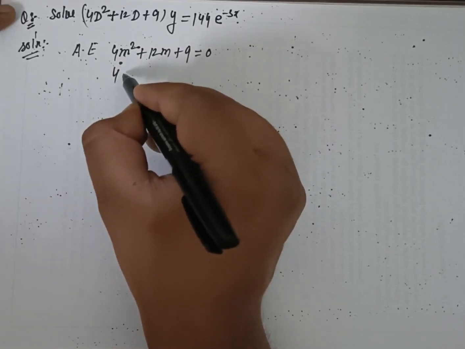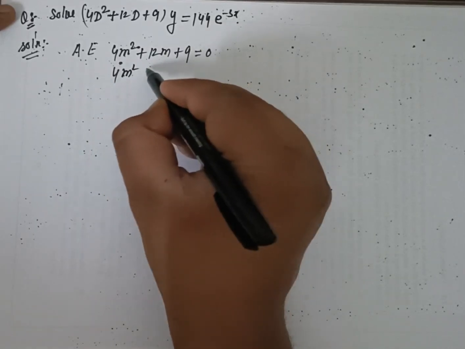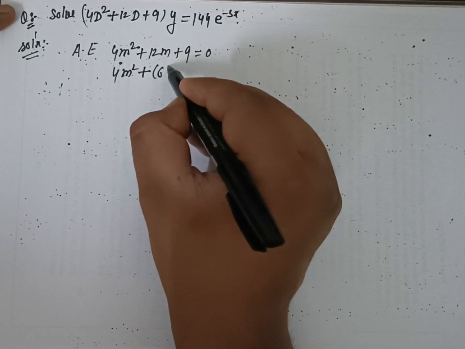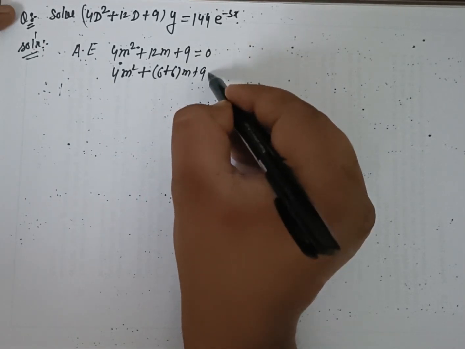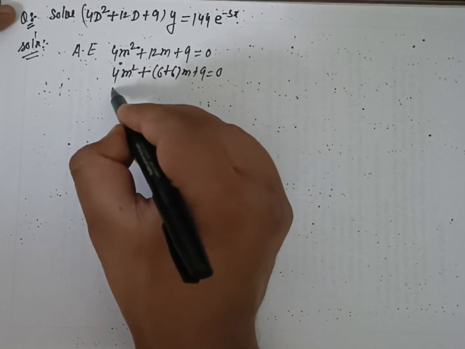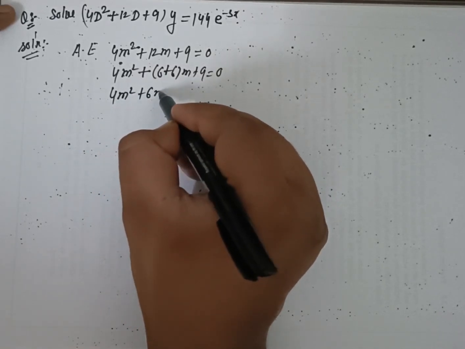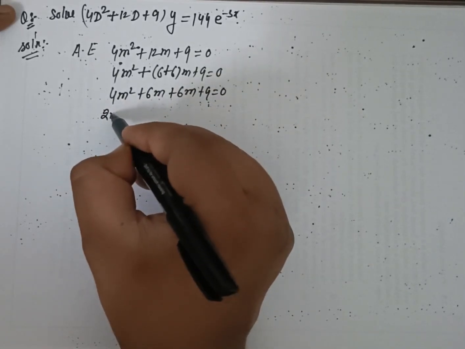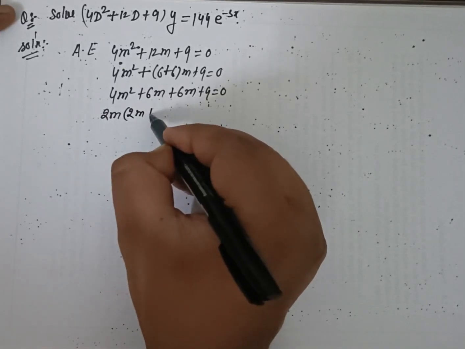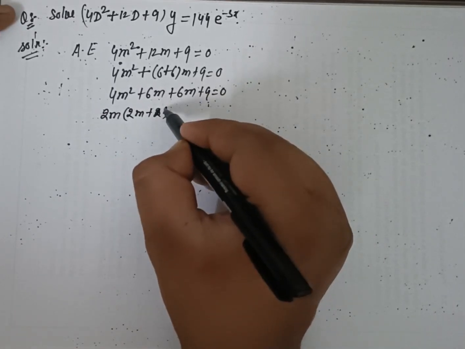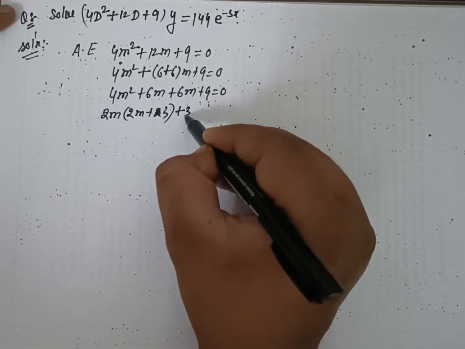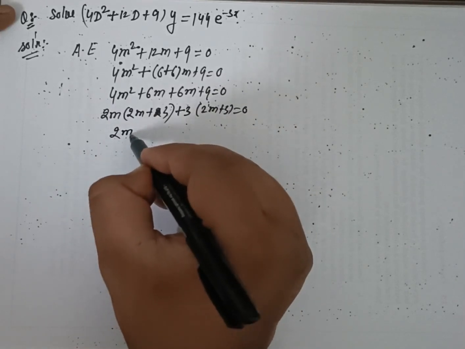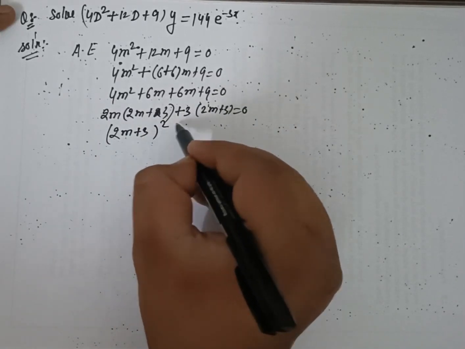So 4m² + 6m + 6m + 9 = 0. You can take 2m common, so 2m(2m + 3) and then take 3 common, 3(2m + 3) = 0. So here you have (2m + 3) whole squared equals 0.